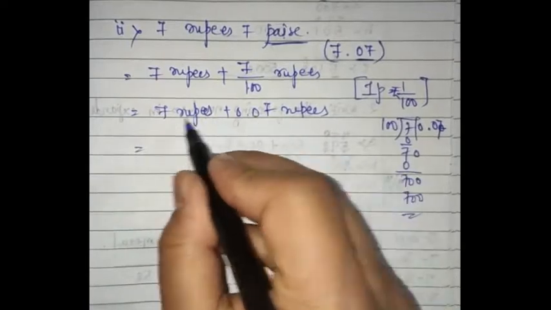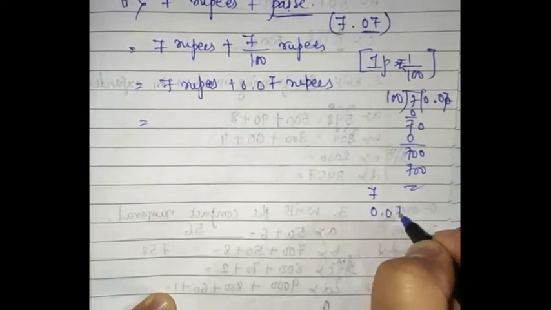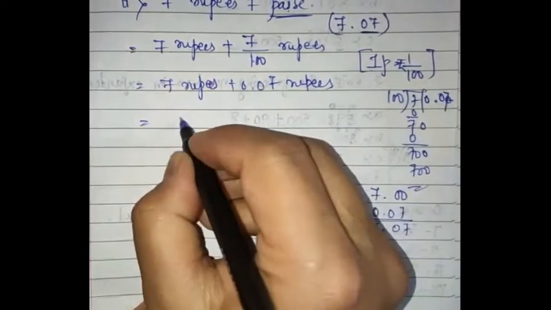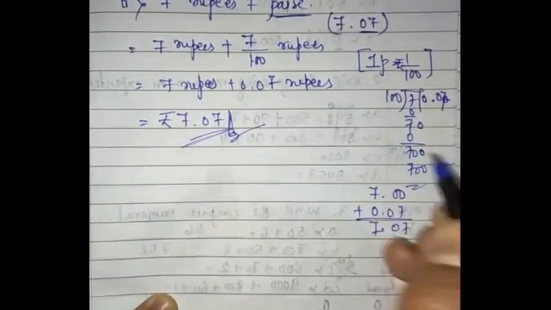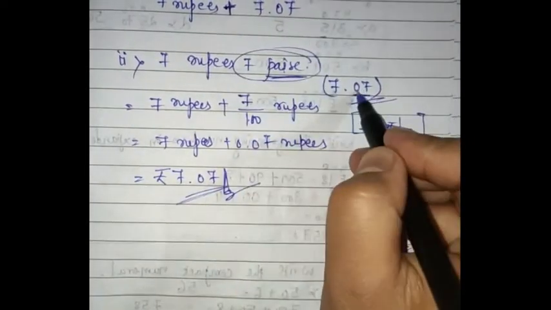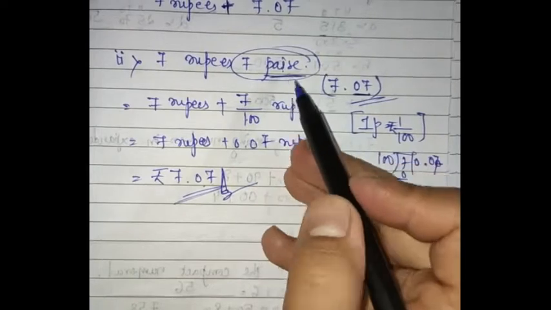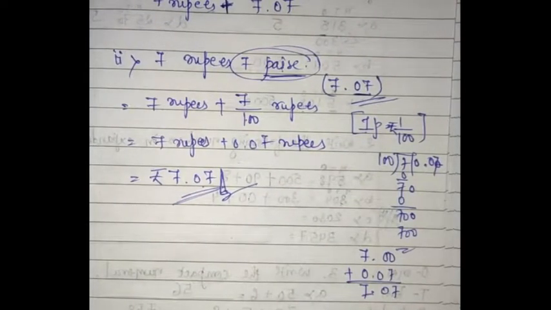So if you add 7 plus 0.07, we can write 7.07. The 7 pice means 0.07. How? After converting pice into rupees, 1 pice equals 1 by 100 rupees. I hope this is clear.